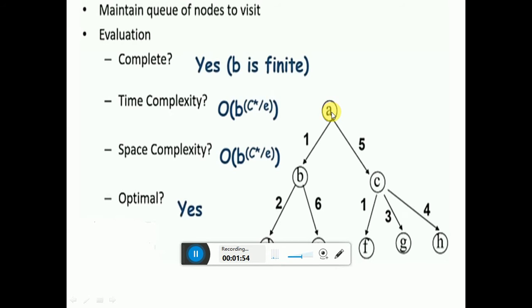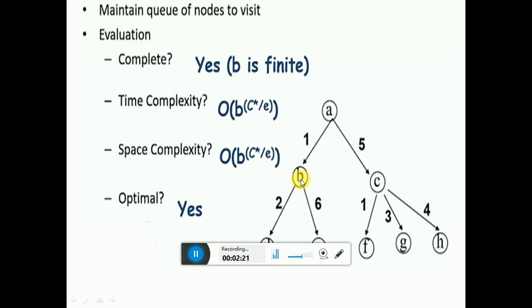This A may be expanded to the B or C. Let us find out how much path cost is needed from A expanded into B, that is 1. And A expanded into C, how much path cost is needed? 5. Therefore, we have to expand B first because the path cost is 1.